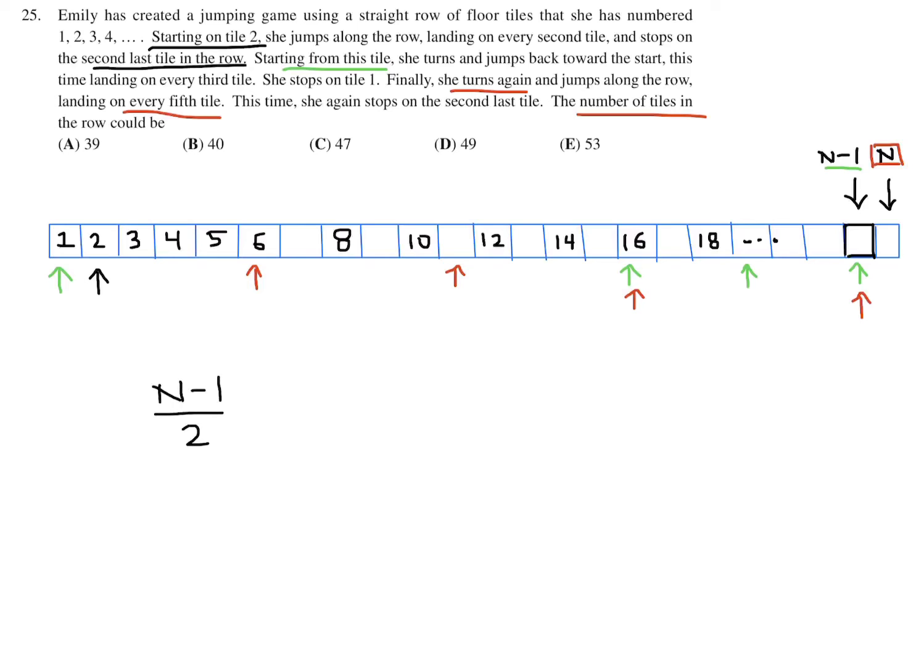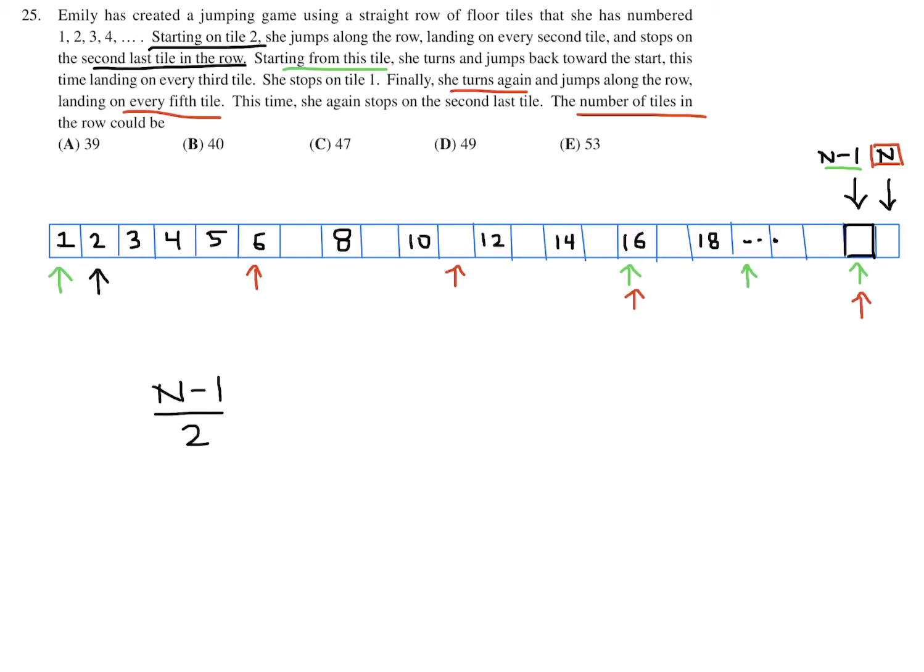Because think about it. She's going 2, 4, 6, 8, 10, 12, and so on. And eventually she lands on n minus 1. So n minus 1 has to be a multiple of 2. That's the only way that she could ever land on it, because all the others are multiples of 2: 2, 4, 6, 8, 12, and so on. So that's our first condition.